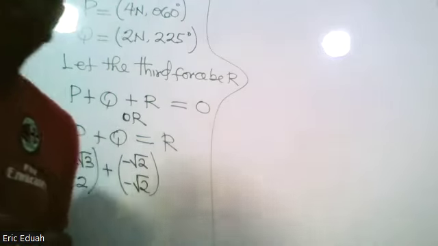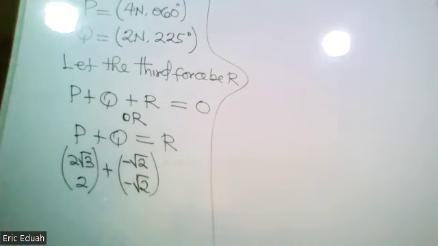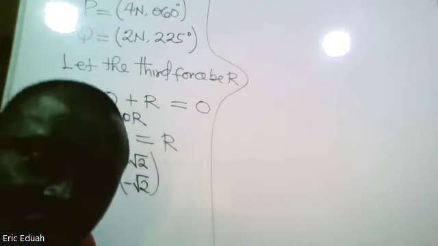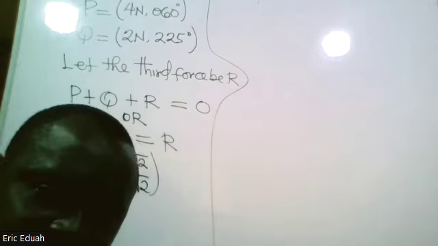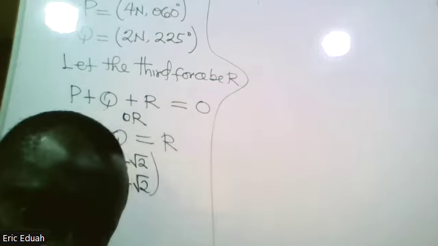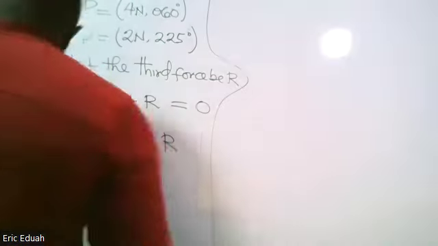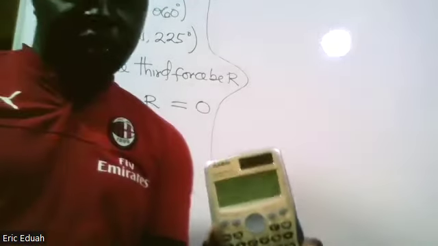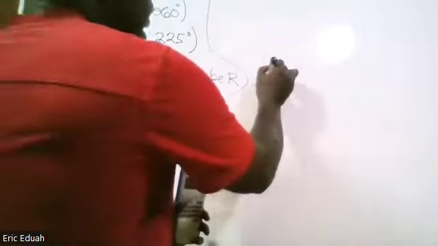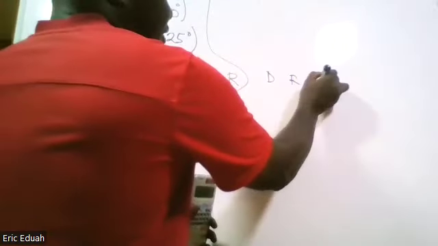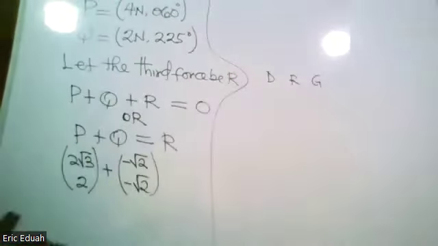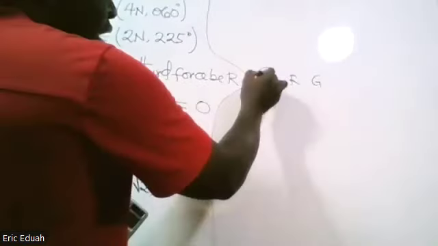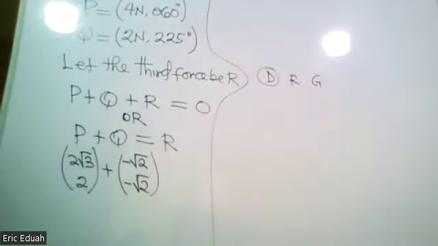Please listen. If you are coming to punch sine, cos, ensure that your calculator angular measurement is on D. There is this writing on the screen: D, R, G. This is whenever your angular measurement is in degree.